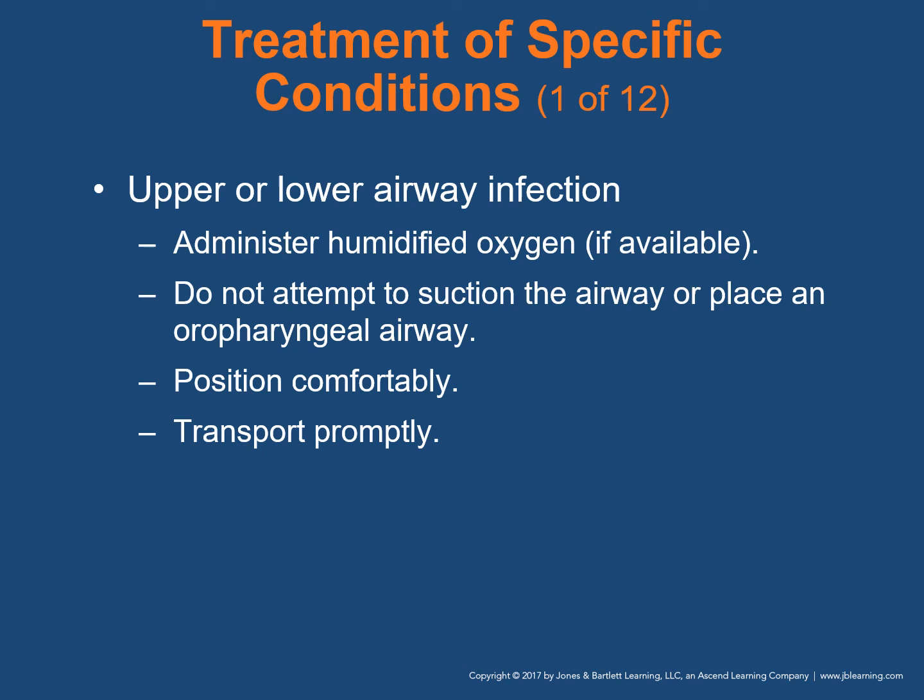Administer humidified oxygen if it's croup, or something where cold humidified oxygen is going to help. If they have secretions, suction their secretions. If you've placed an OPA in, you need to remove that before you suction.